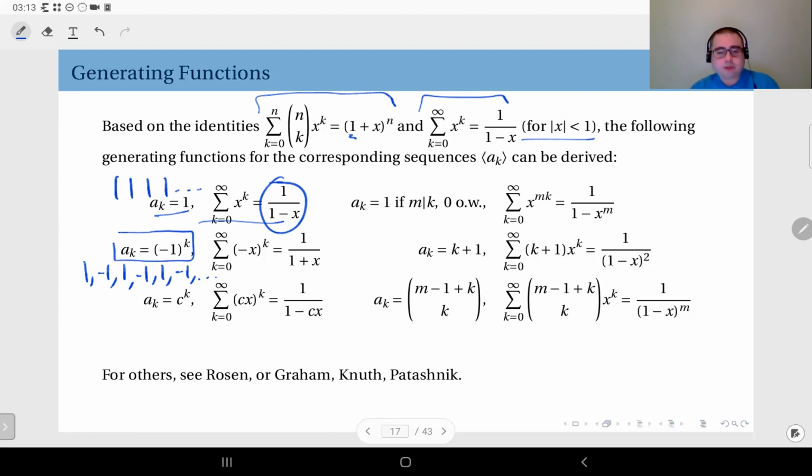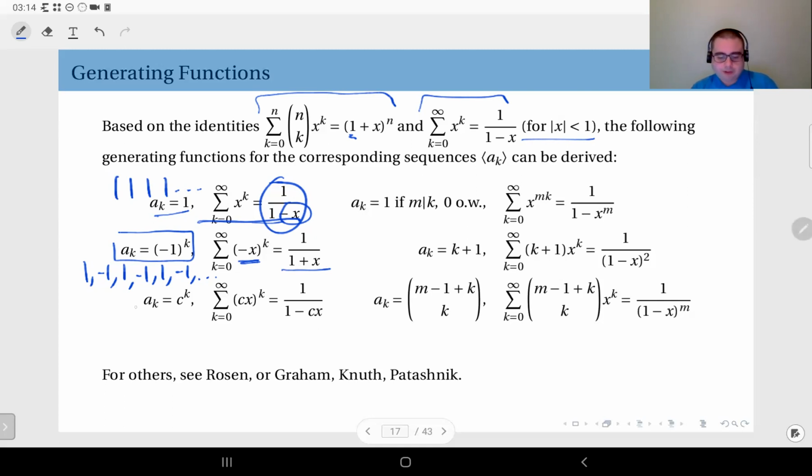Essentially, this is quite similar to what we have here, except that instead of x, you just need minus x to the power k, and essentially this negative x is replaced by a positive x in this expression. So the corresponding generating function is 1 over 1 plus x.